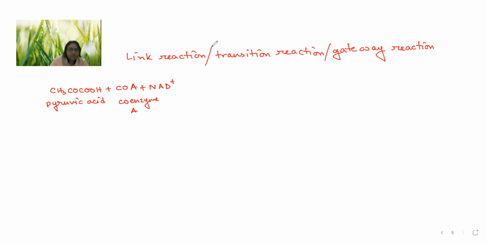So this is going to react in presence of 2 things. One is magnesium ion and another is pyruvate dehydrogenase. So how will it help? It will form acetyl-CoA.